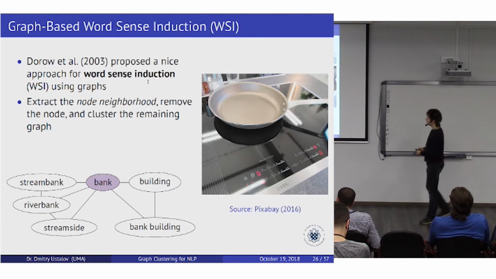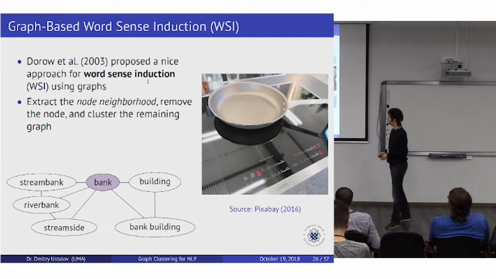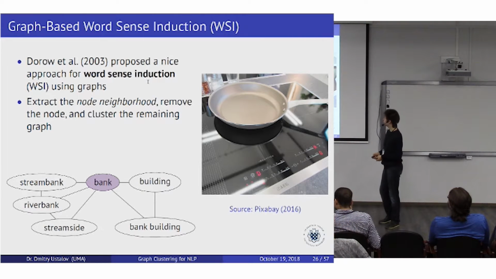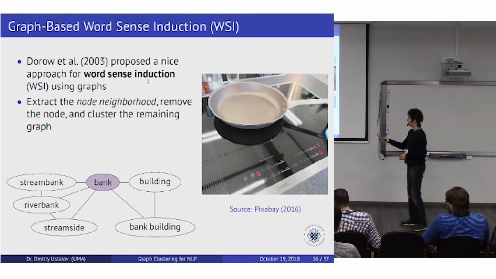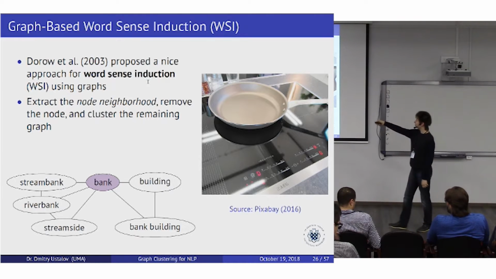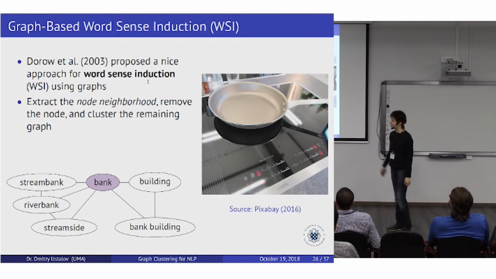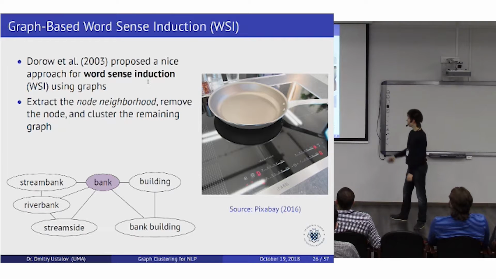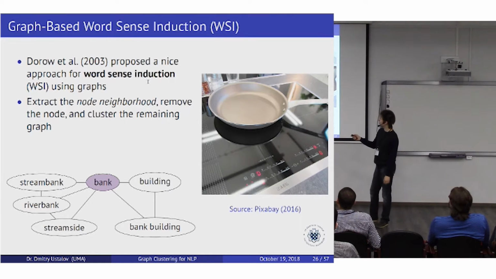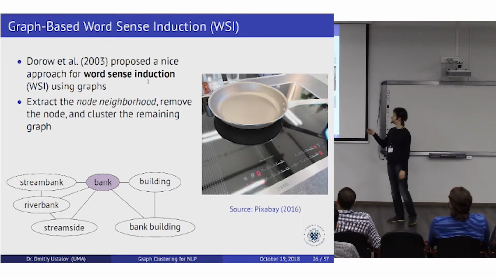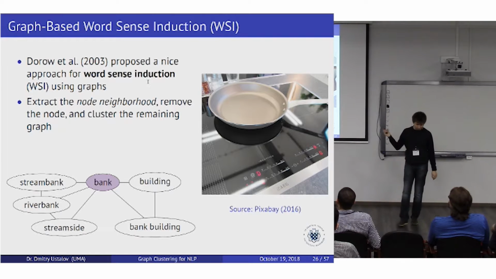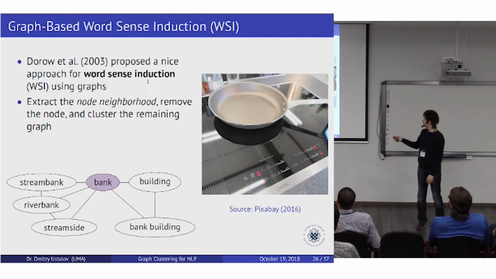But let's have a look at the different aspects of this problem. Let's have a look at this graph again, and let's have a look at the past. A lot of years ago, there is a general problem in NLP called word sense induction.